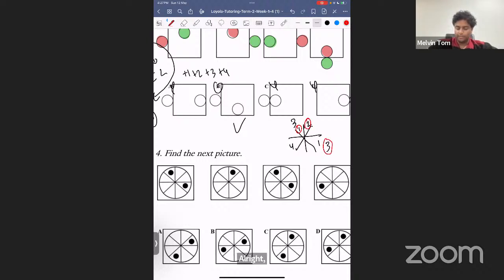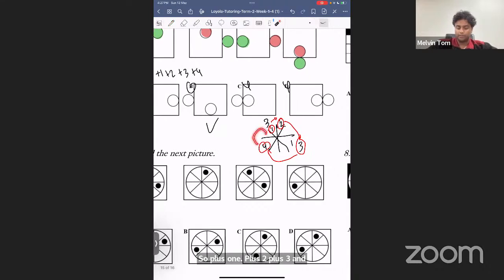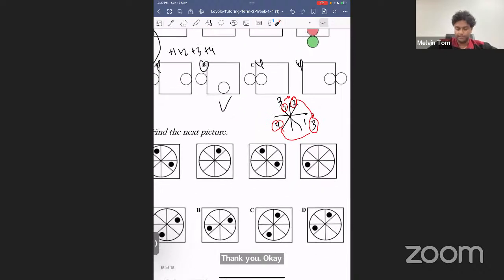And then from there, it goes here +2. And from there to here, it goes +3. So +1, +2, +3. And everyone knows that the next one should be +4. So it's 1, 2, 3, 4. So it should go here. And there should be a circle in this position or a dot in this position.